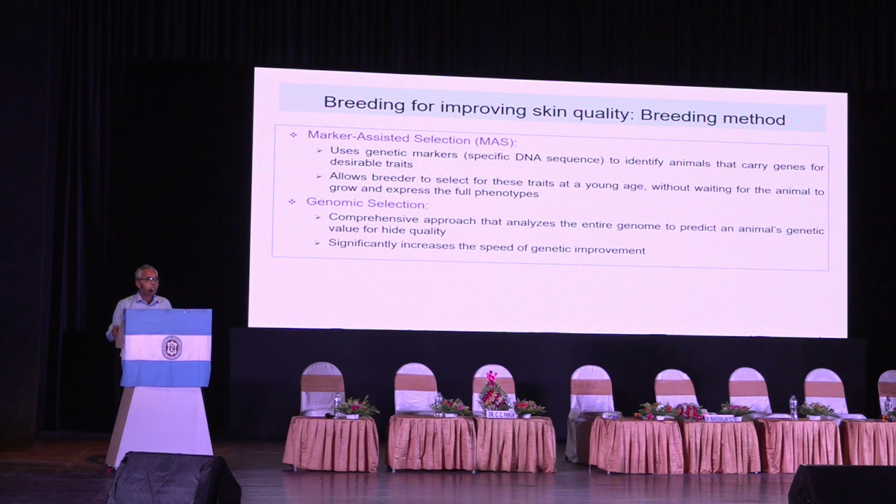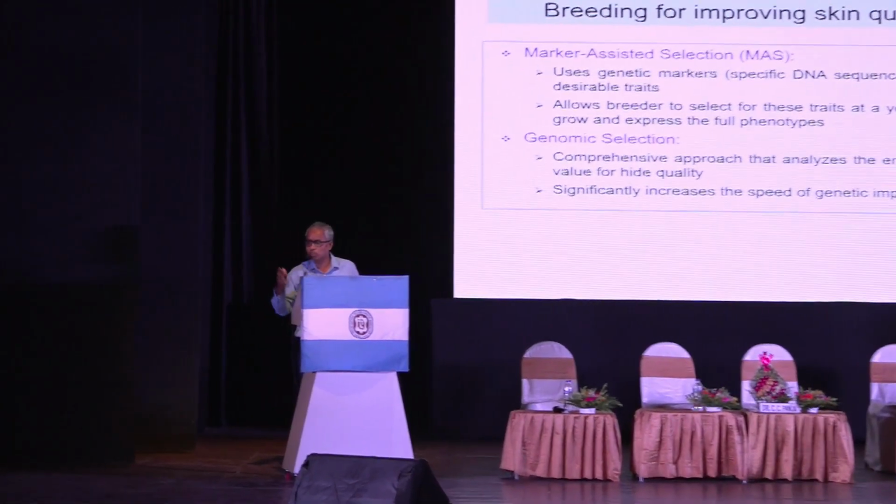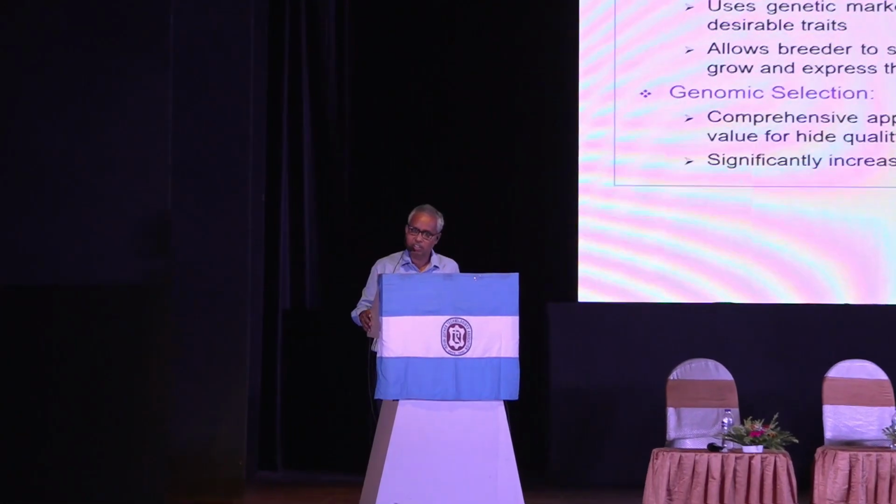Here, a DNA sequence having a particular gene related to skin quality can be used as a tool for breeding. Again, with genomic selection, the genome sequence of most species has already been identified.